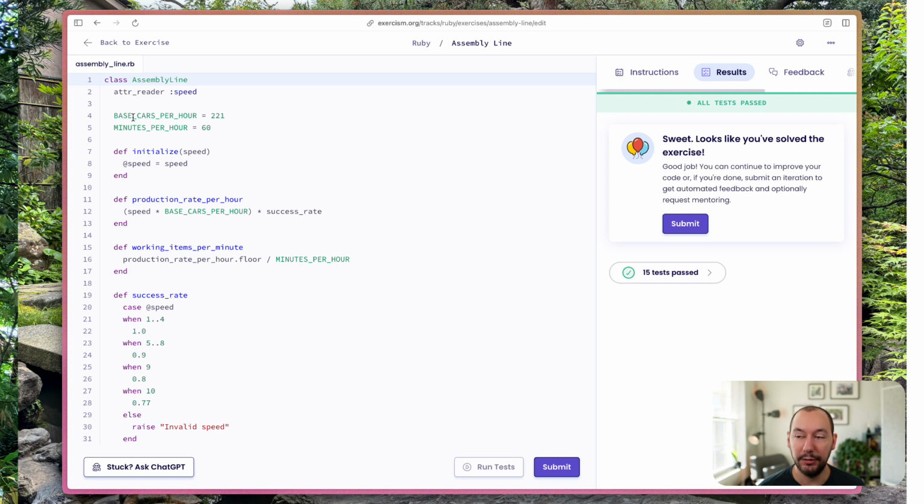So we did see yield, hourly yield. So base. Hourly yield is nice. Base cars per hour. I feel like it's ever so slightly more approachable.